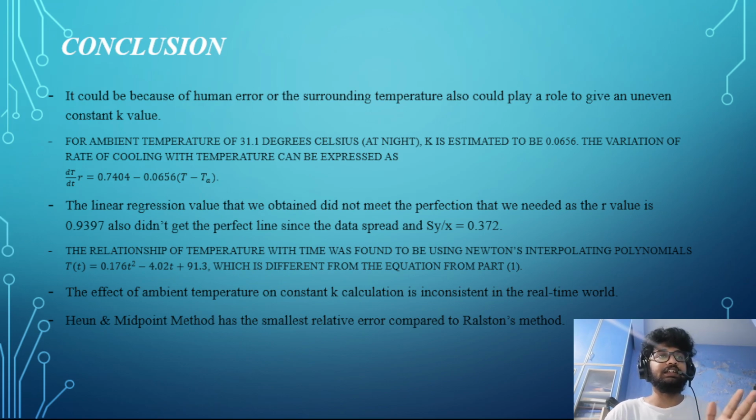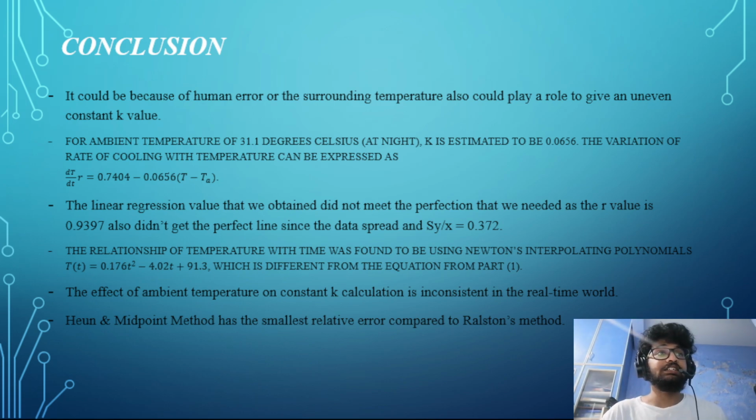Thirdly, the linear regression value that we obtained did not meet the perfection that we needed, as the R value is 0.9397. Also we didn't get the perfect line since the data spread, and Sy/x equals 0.372.